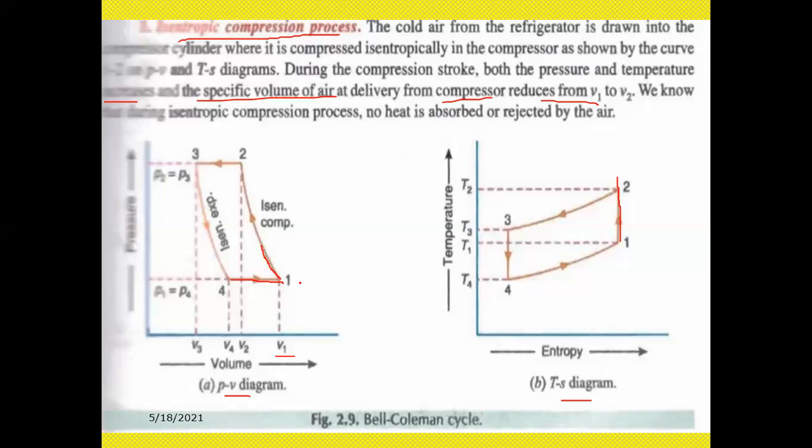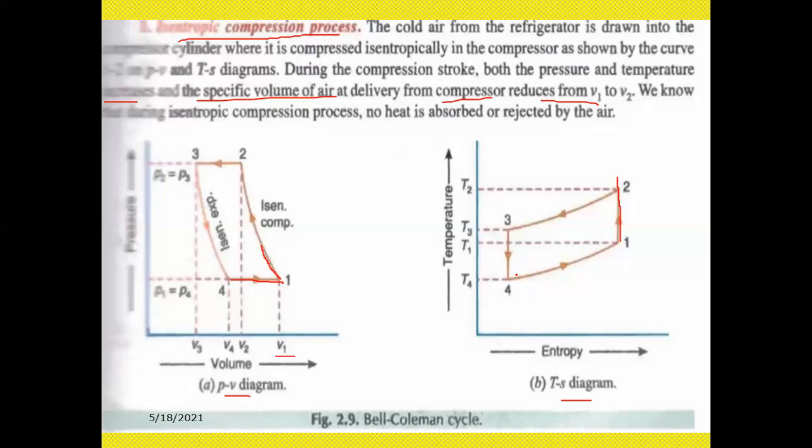Next, from 4 to 1, the pressure is constant, right? The pressure P1 is equal to P4, but the volume is increased in this PV diagram. So what is happening from 4 to 1?